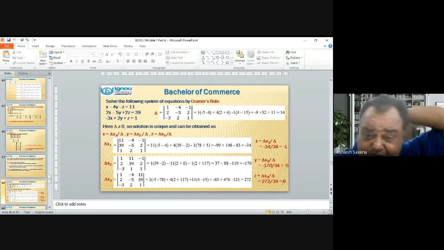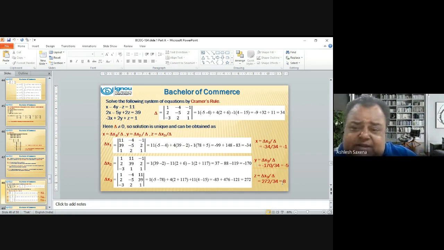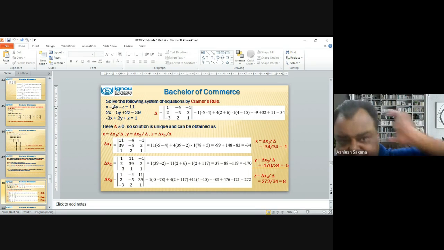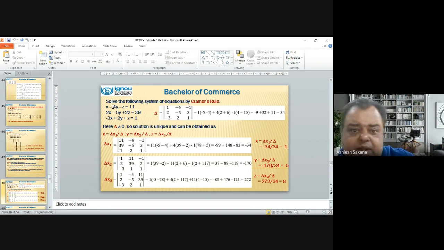Now the question arises, how to know that this solution is correct? After doing this much exercise, how are we going to know whether what we have calculated is correct or not? Going back to the problem, you can see over here, we have three equations. This seems somewhat simpler to view. I will just place the values of x, y, z in this equation and check whether we get 11 or not.